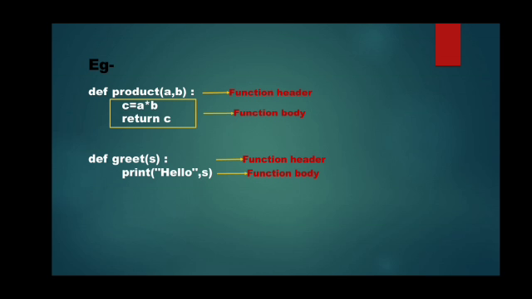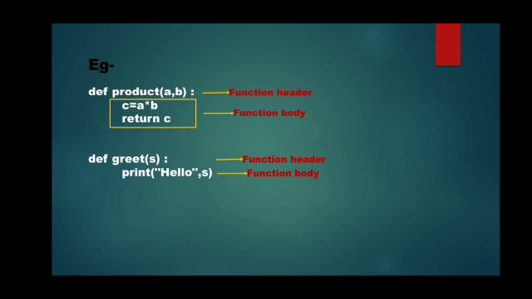In the first one, the function name is product. This function is taking two arguments, A and B. It ends with a colon. And in the function body, what we have done is simply taken the product of these two parameters, stored it in a variable, and then returned this variable from the function.